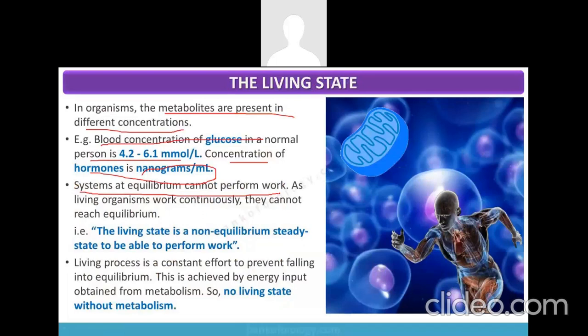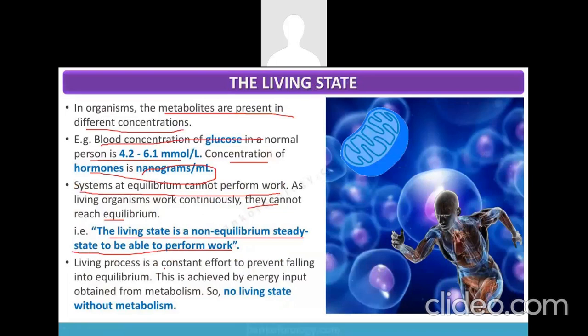The concentration of hormones is in nanograms per milliliter. So systems at equilibrium cannot perform work. If it is going to be at a perfect state, at a constant level, it cannot perform work. So living organisms work continuously so that they do not reach equilibrium.